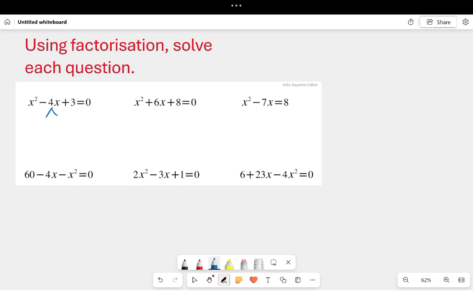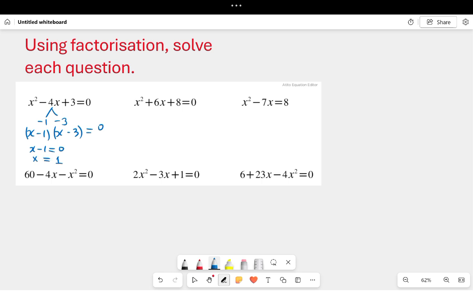So the numbers are -1 and -3, and therefore the answer is simply going to be x minus 1 and x minus 3. That is how we factorize it, which is equal to 0. Then x minus 1 is equal to 0, so x will be equal to 1.